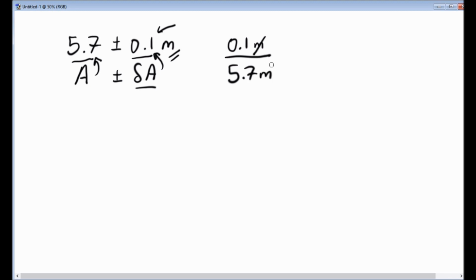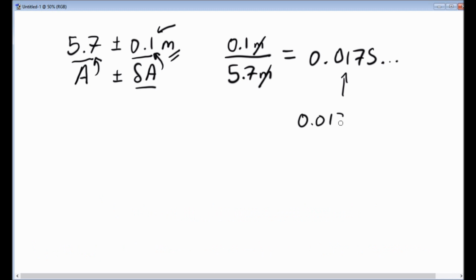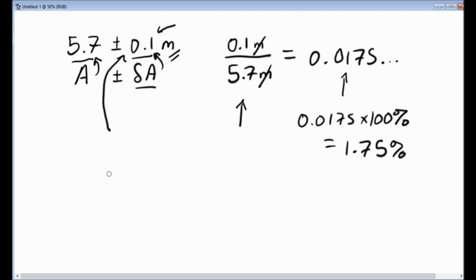And notice that the units cancel out, so you wind up with just a pure number. There's also something called a percent uncertainty, which is just this number times 100 to make it a percentage. We don't use this very much. Mostly we're going to be using fractional uncertainties and the absolute uncertainties.